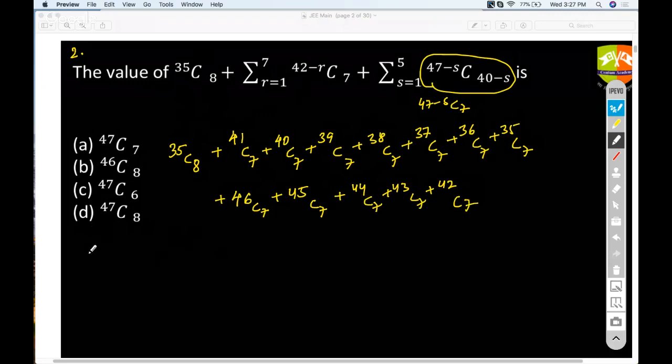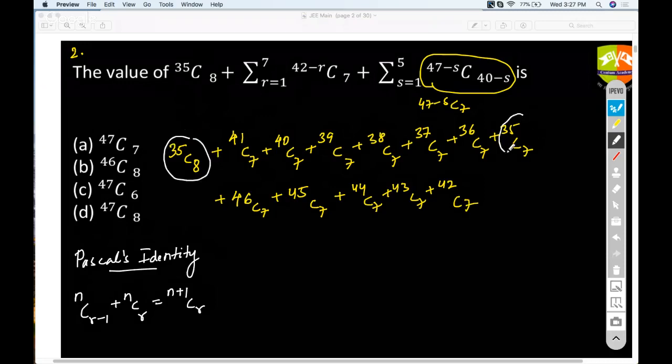Now, the formula that I'm going to use over here is the Pascal's identity, which says that NCR minus 1 plus NCR is N plus 1 CR, right? So if you club the terms 35C8 with 35C7, these two terms are going to generate 36C8, correct?